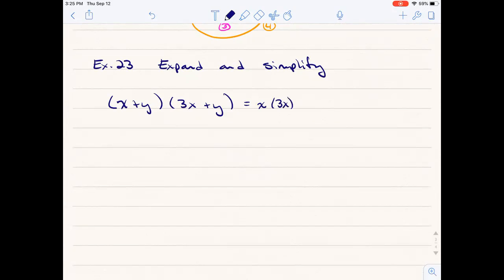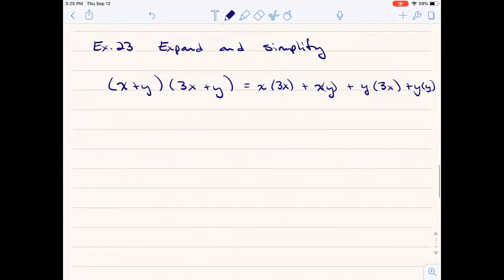Put it in brackets to show that that was one thing, plus x times y plus y times 3x plus y times y. And you definitely don't need those brackets. I'm just being careful. Okay.